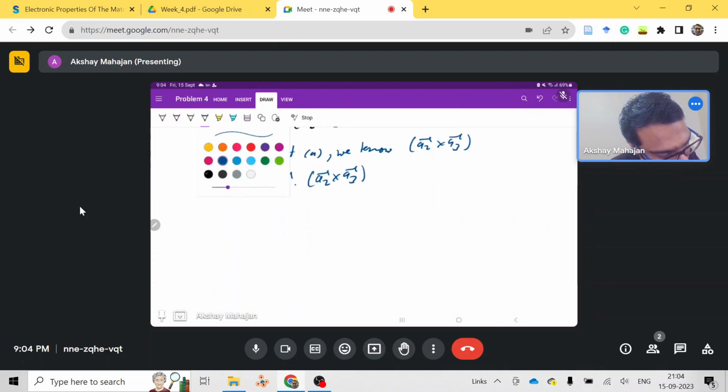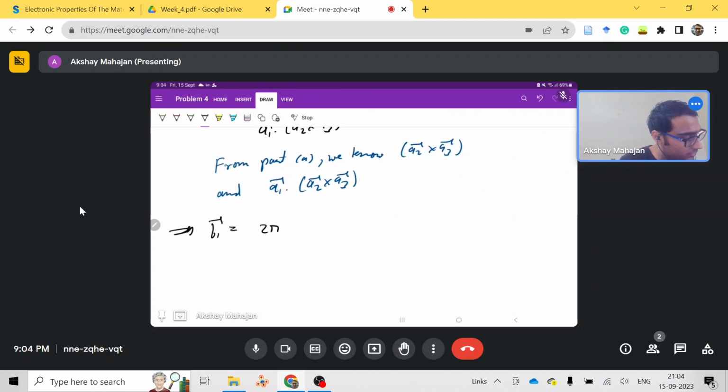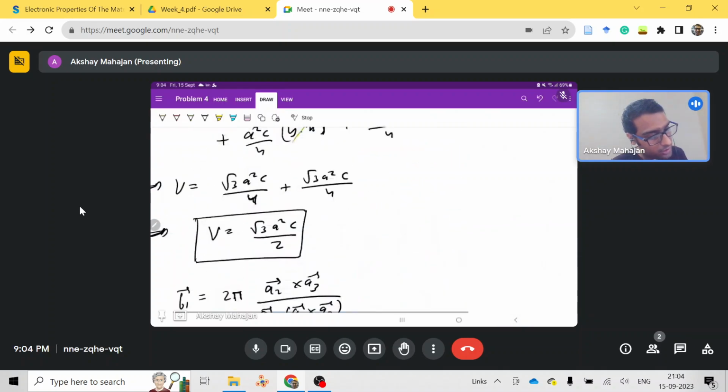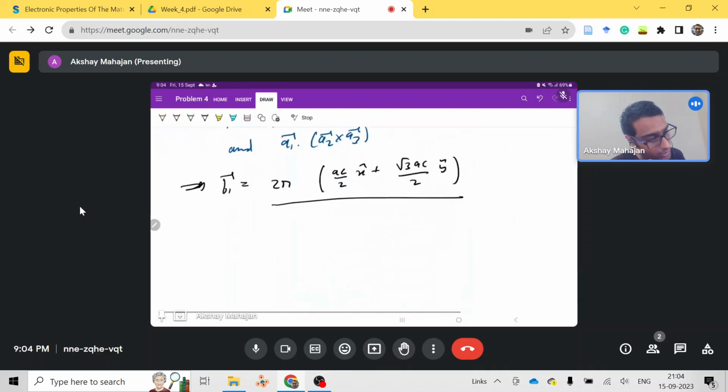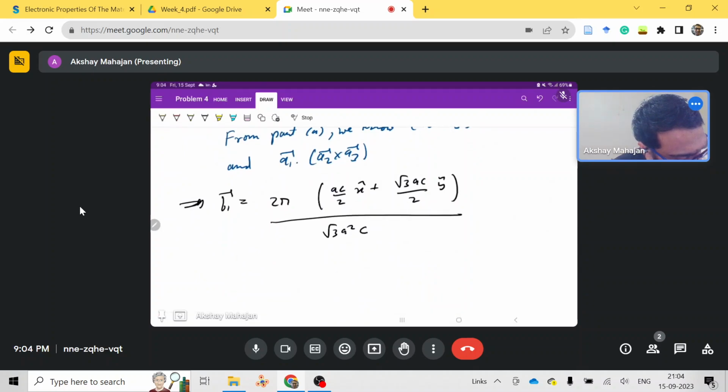So our b1 vector will be equal to 2 pi times, instead of a2 vector cross a3 vector we will write ac by 2 x cap plus root 3 ac by 2 y cap, divided by this, which is just the volume, root 3 a square c by 2.